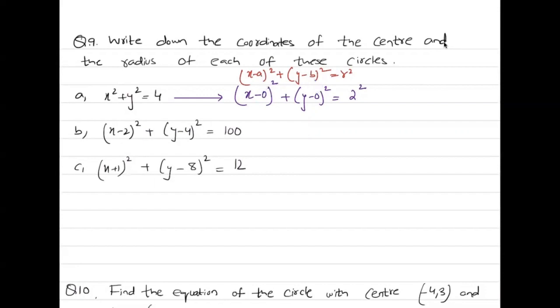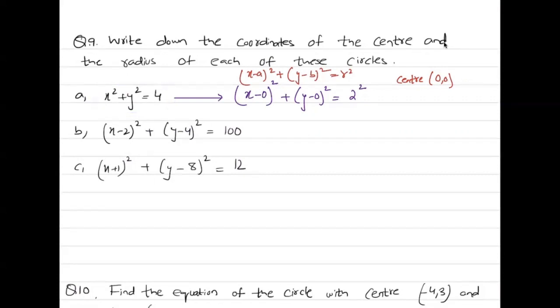So the center of the circle is 0, 0. A circle having center 0, 0 means that the center is the origin. That's why if an equation is in the form x square plus y square, the center of the circle is the origin.